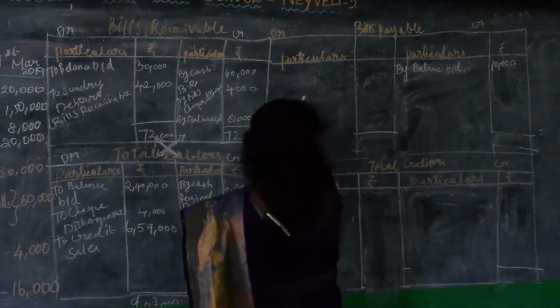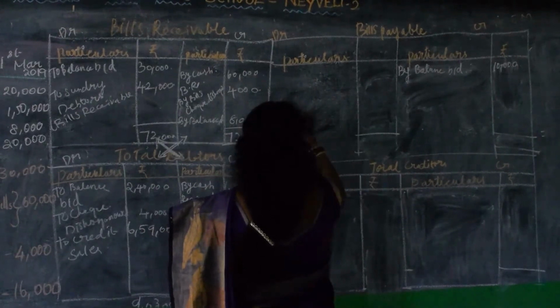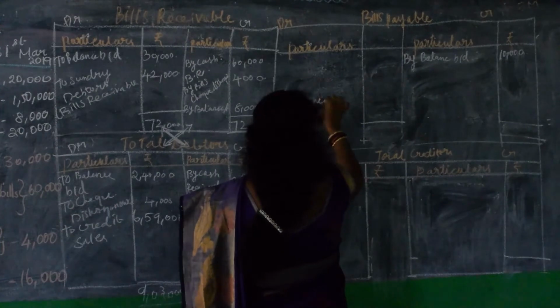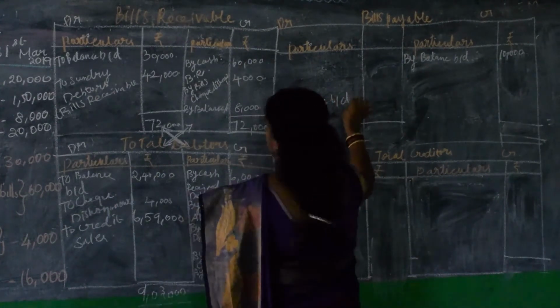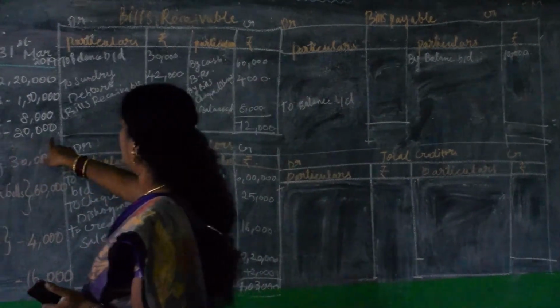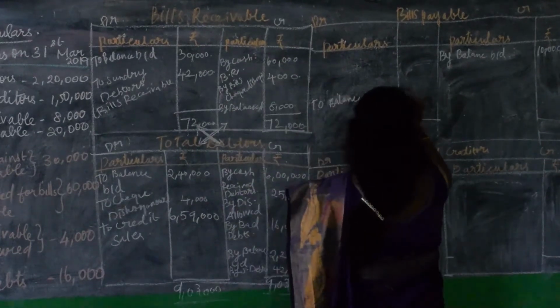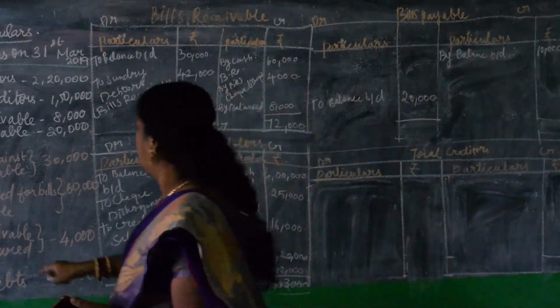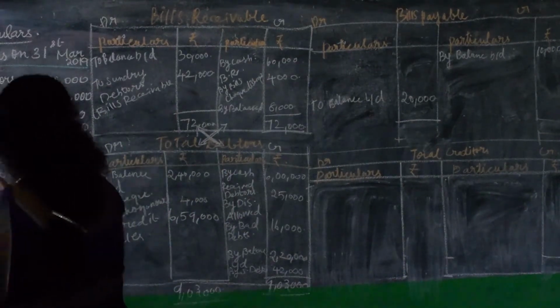Simultaneously write the closing balances. To balance C/D. What is the closing balance of the bills payable? 20,000. The next, what is the item? Bills payment against bills payable.